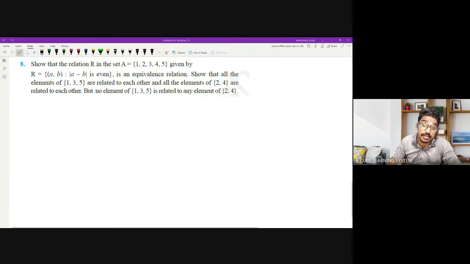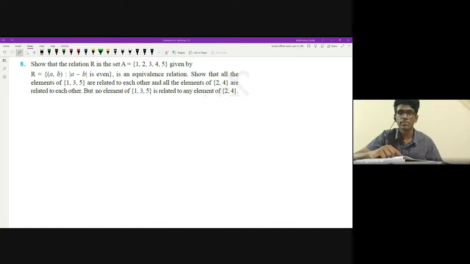Read from the starting. No. Is it given that the relation is an equivalence relation? No. According to the question, what should we do first?